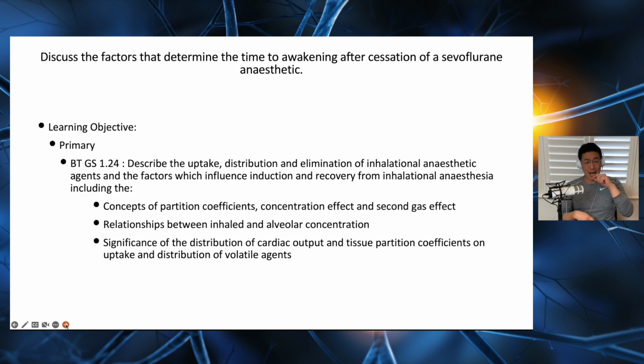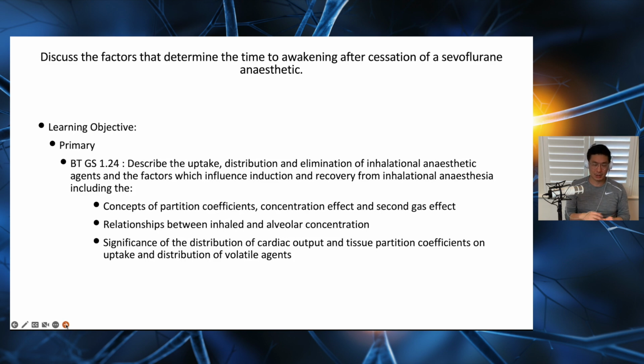Now, this is talking about the uptake, but certainly those ideas, depending on how much is taken up during the course of anesthesia, will affect the washout or the time to awakening after an inhalational anesthetic or a sevoflurane anesthetic.